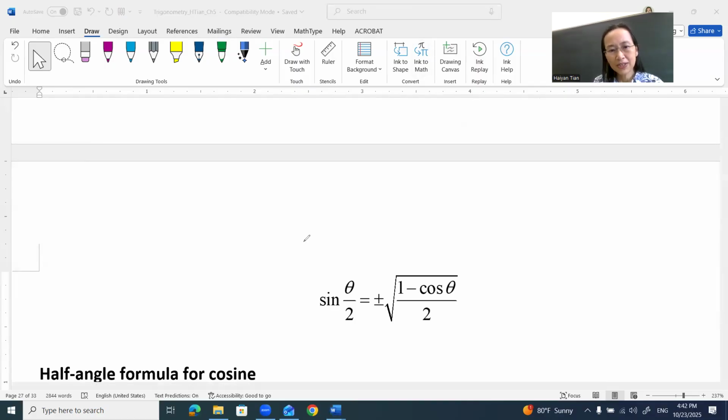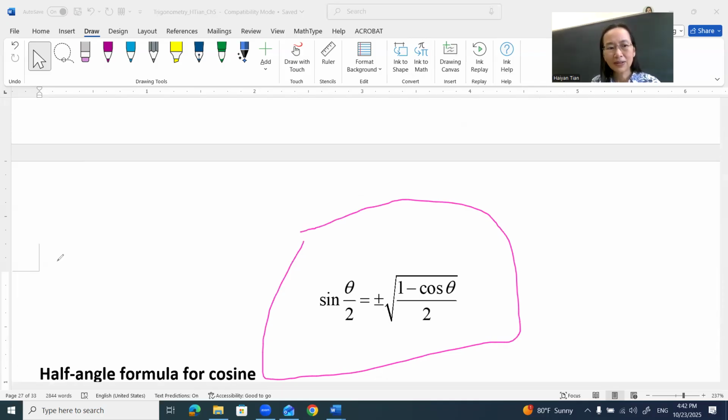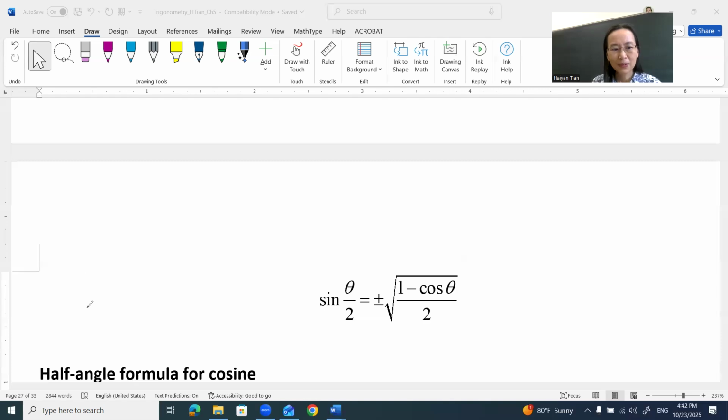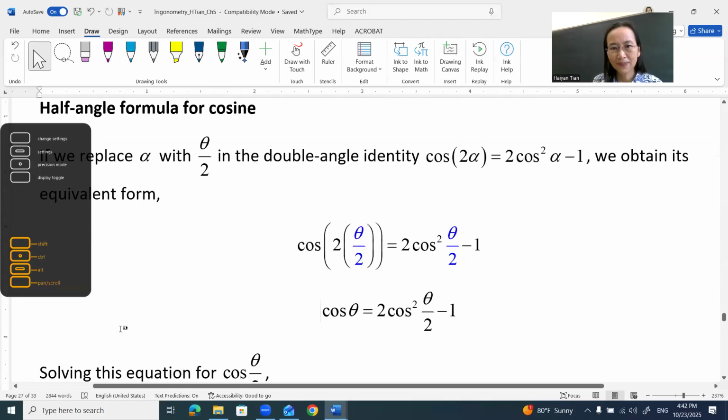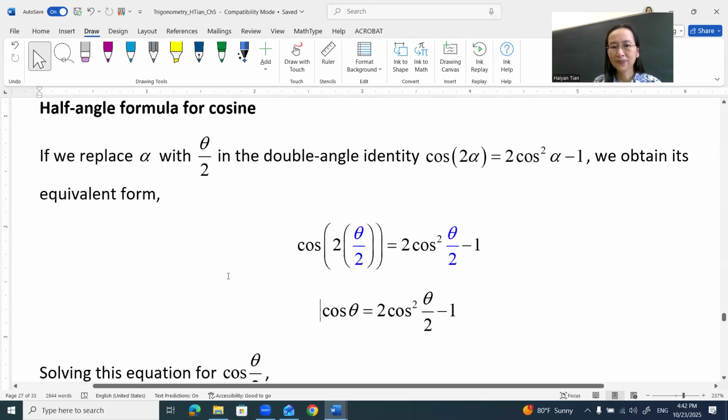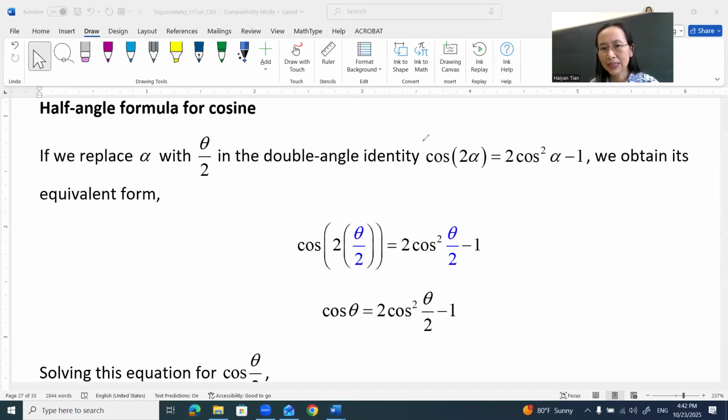So now this is the first half angle identity, and you might be curious about cosine of half of theta. How can we find cosine of half of theta? Let's think of the double angle identity again. And this time we use another version of the double angle identity for cosine.